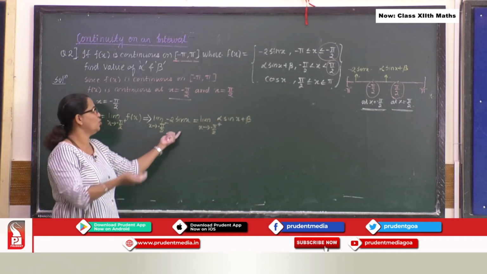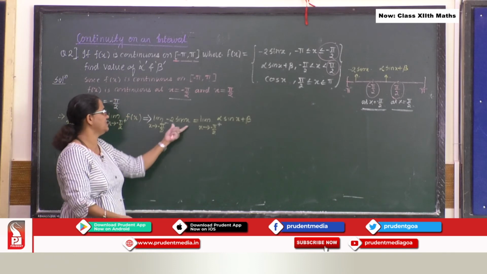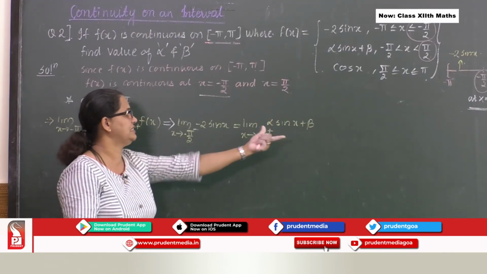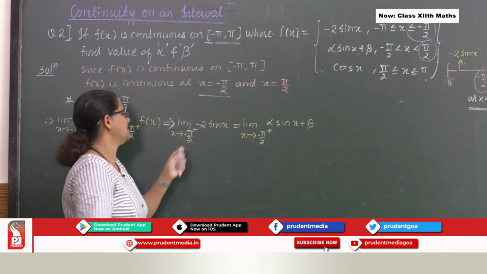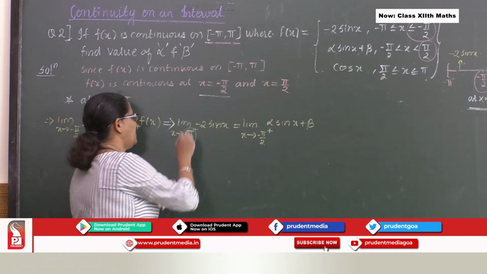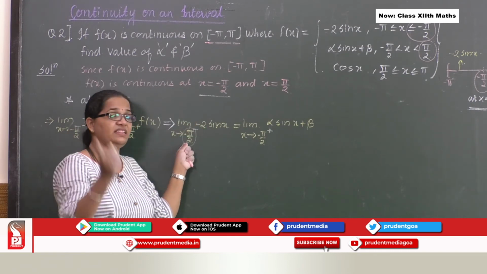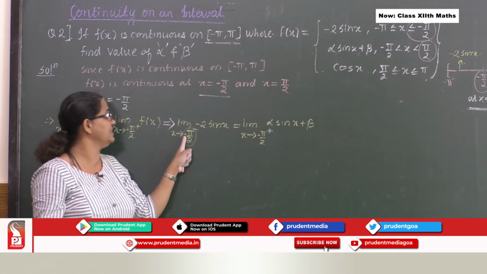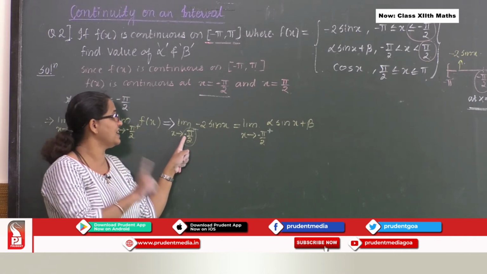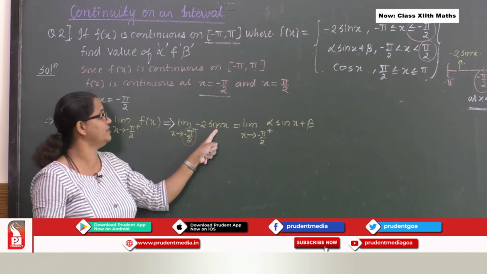Now even though it is a trigonometric function, there is no denominator, just an expression is given, so substitute minus pi by 2. Remember it is minus pi by 2. This minus sign is significantly important over here.